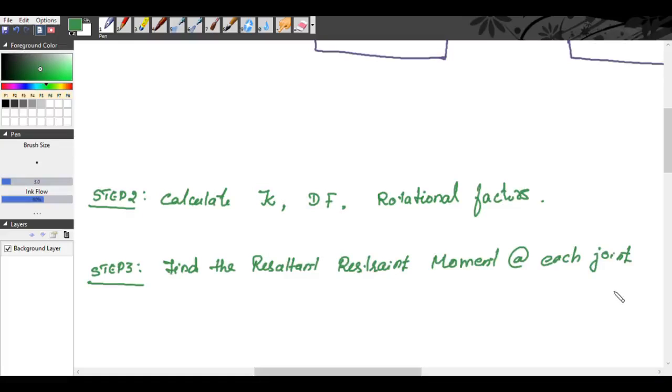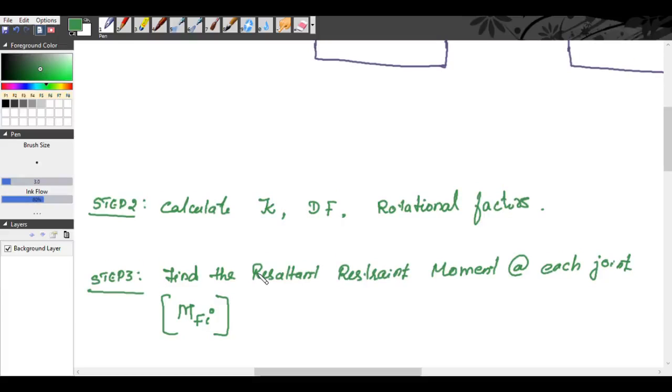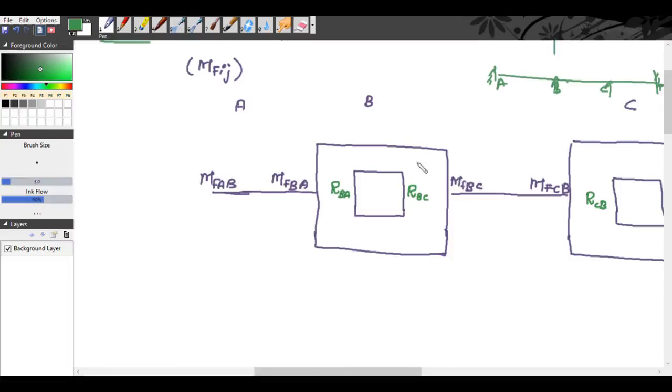We know the resultant restrained moment, how will we calculate it? We calculate it as MFi, right? For joint A it is MA, for joint B it is MB, for joint C it is MC, and it will go on like that. So you add the summation of MFBA and MFBC.